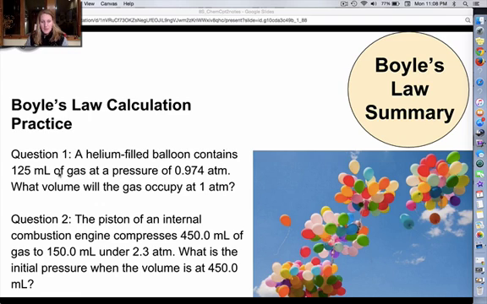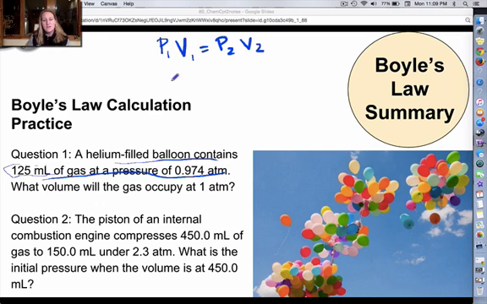So if I look at my equation, P1 V1 is equal to P2 V2. These two are clearly together. This is the volume when the pressure is this. And so I can put them here as initial, and I can put them here as final, as the second scenario, but they have to be together.